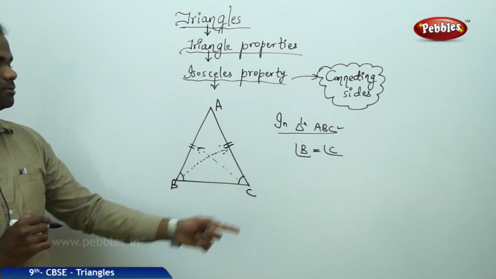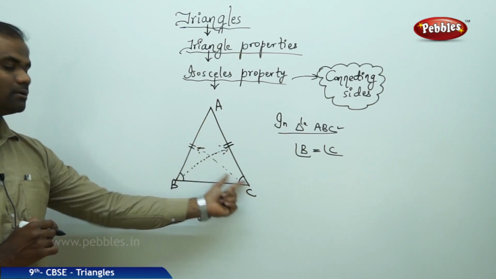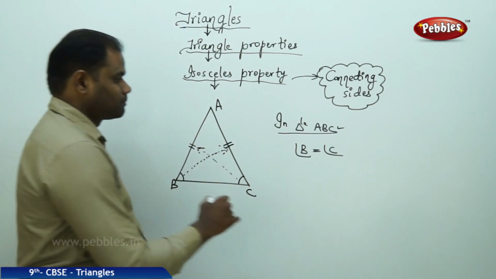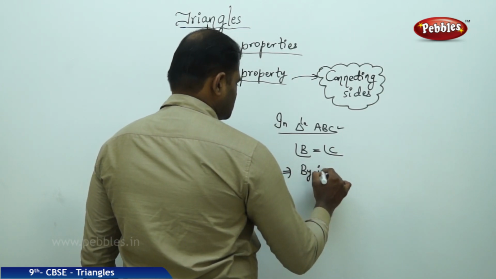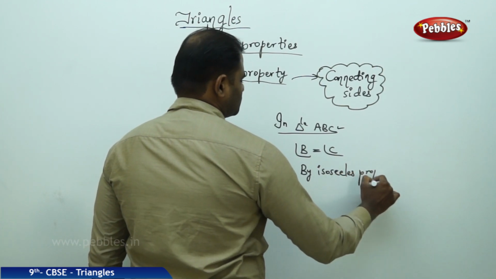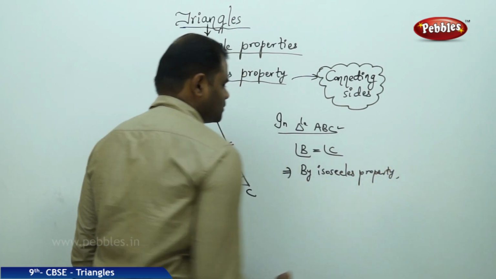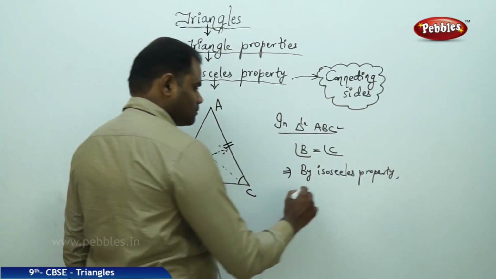AB must be equal to AC. That implies by the isosceles property AB must be equal to AC.